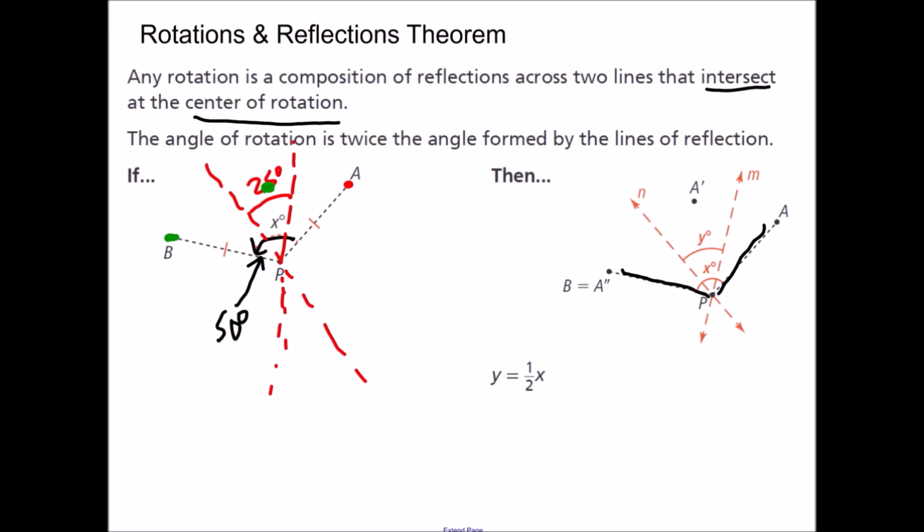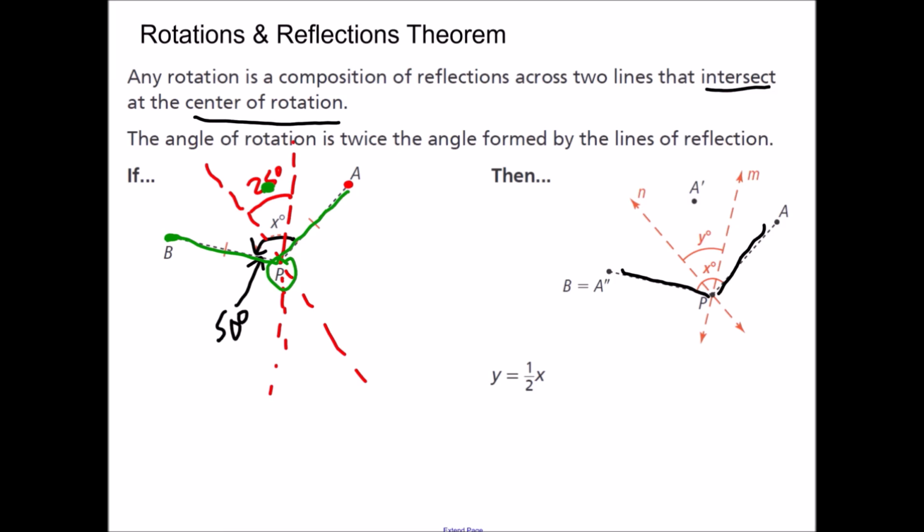The lines of reflection have to cut through the center of rotation, and they have to be half the angle apart that it is from the original angle. And then if you do that perfectly, and you reflect across those two lines, you'll get from A to B in this example.